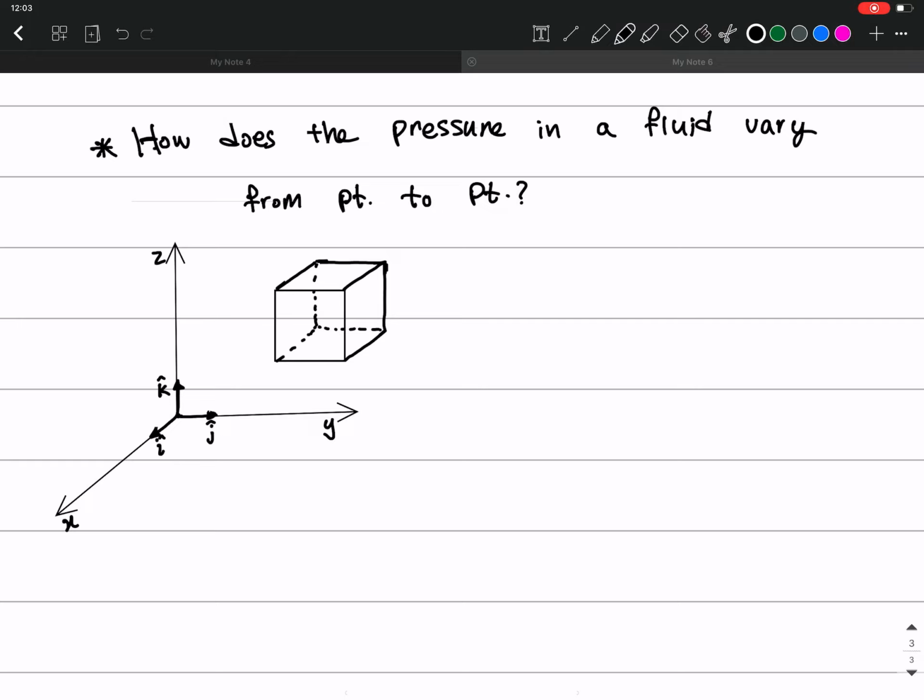Okay, so this is a fluid element, and now I want to write the pressure forces that are exerted on this fluid element, and also all the forces. So let's start. These are the surface and body forces on a small fluid element.